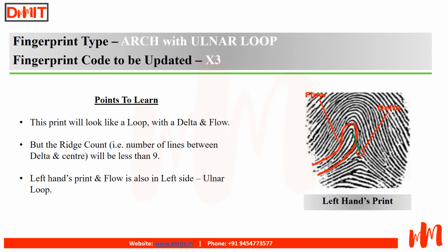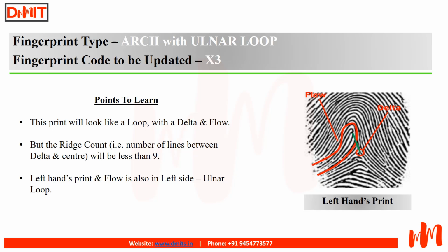Next we have arc with ulnar loop. Basically it is like an ulnar loop that we studied in the previous slide, that is, an ulnar loop with a delta and the flow. The only difference over here is that the ridge count, that is, the number of lines between the delta and the center, will be less than 9.